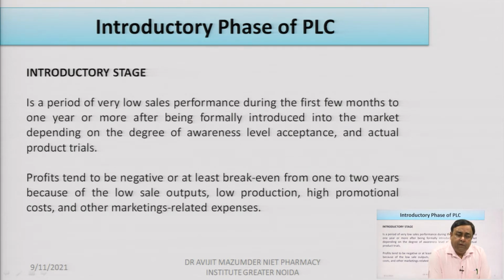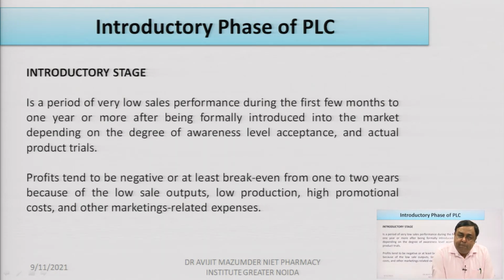The profit in this particular period is practically nil, in fact negative rather. The profit tends to be negative or at least break even from 1 to 2 years, because the number of sales volume, the number of sales outlets, the number of items purchased is very low.